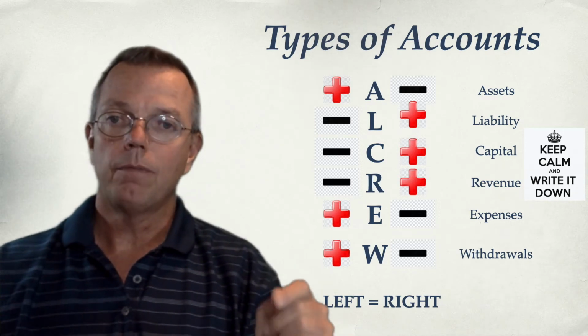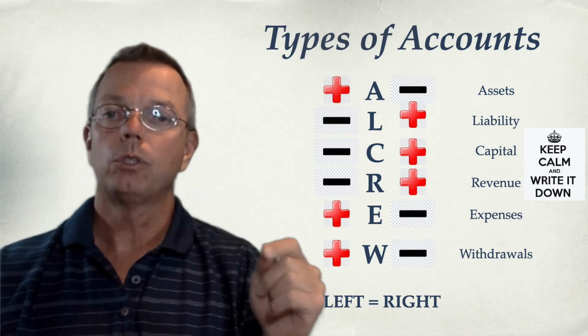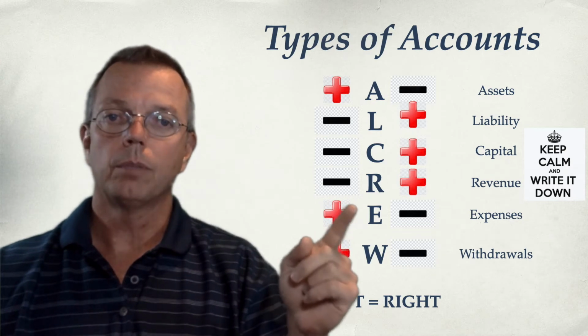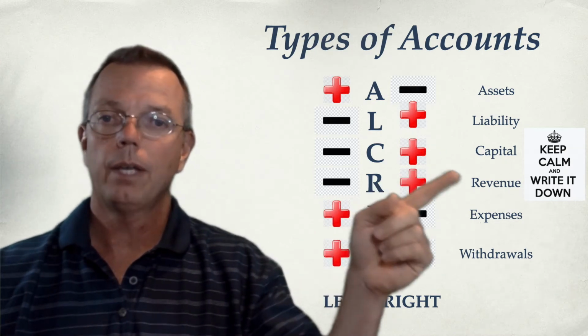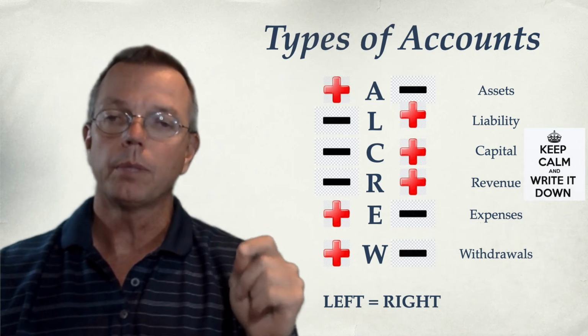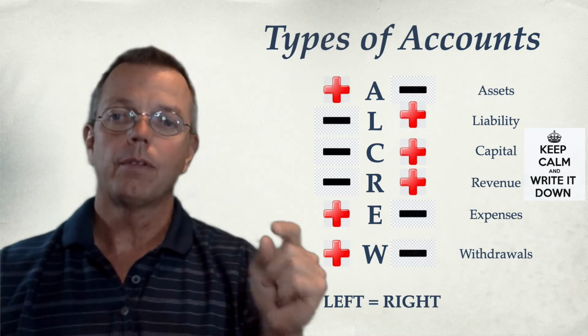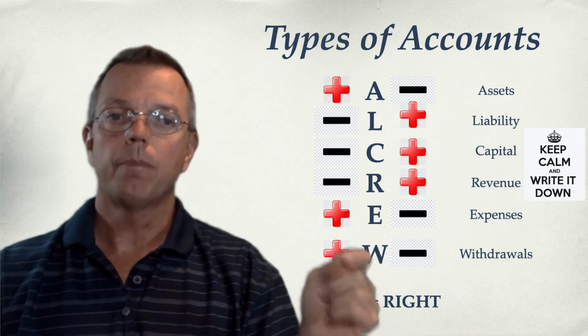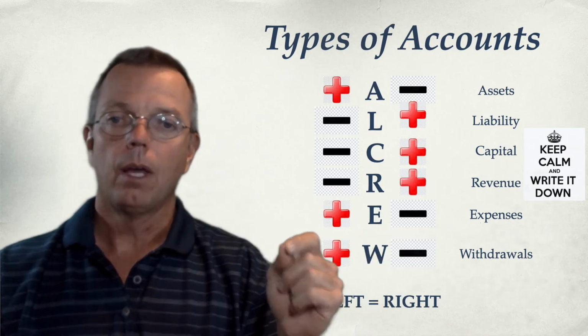Here's what I recommend for every test. Every time you go to do transactions, write this down somewhere, right over here. I made a note: keep calm, write it down. It's a quick reference, because if you try to do it in your head, you will make mistakes. The smallest mistake can have a trickle-down effect down the road. So get in the habit of writing it down, and then we're good to go.